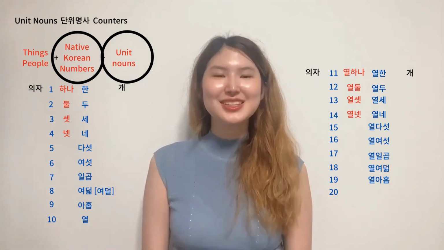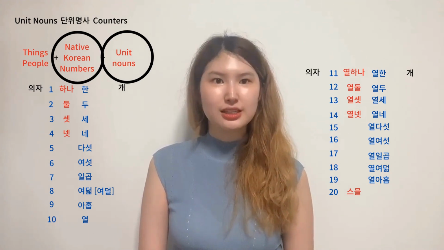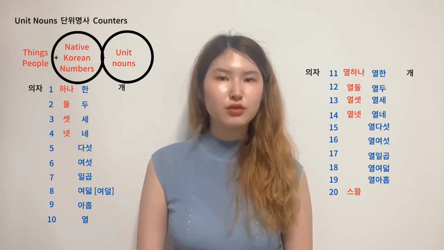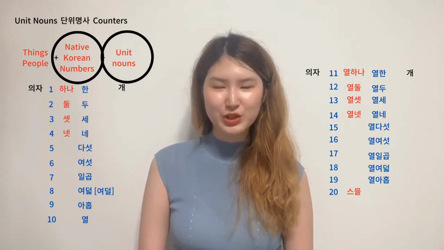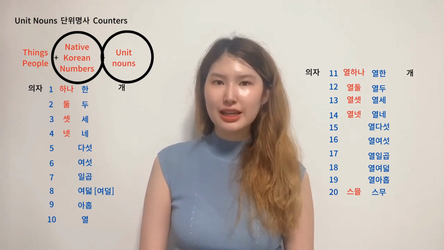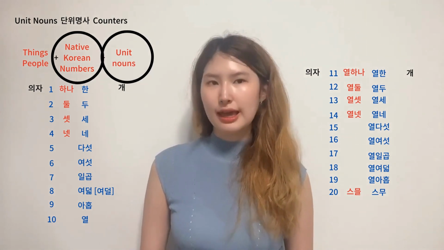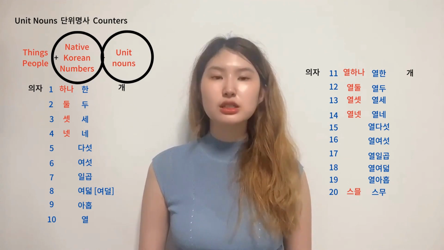So with 20, it's similar in native Korean numbers. When we're using 스물 before unit nouns, we have to change this form to 스무. So we're getting rid of the ㄹ in the final position. 스무 개. It is 스무 개 instead of 스물 개.